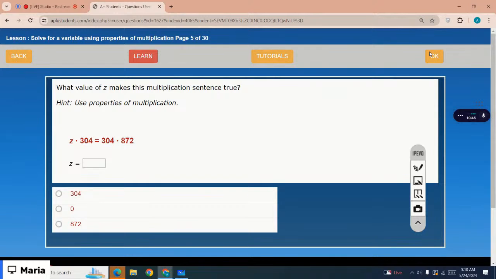That is 872, right? On both sides, the numbers are exactly the same, so that is 872.